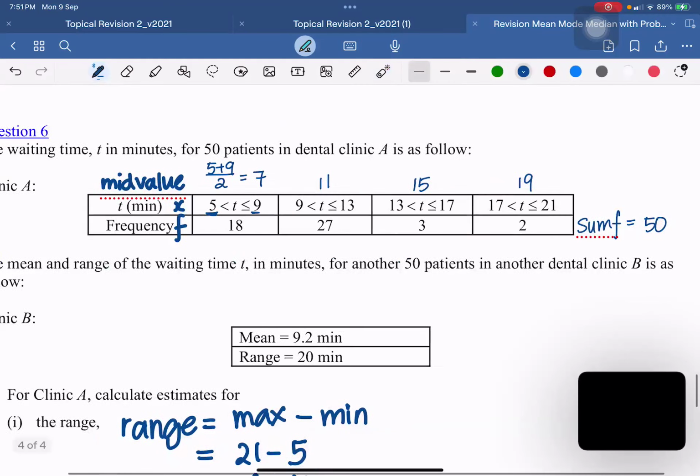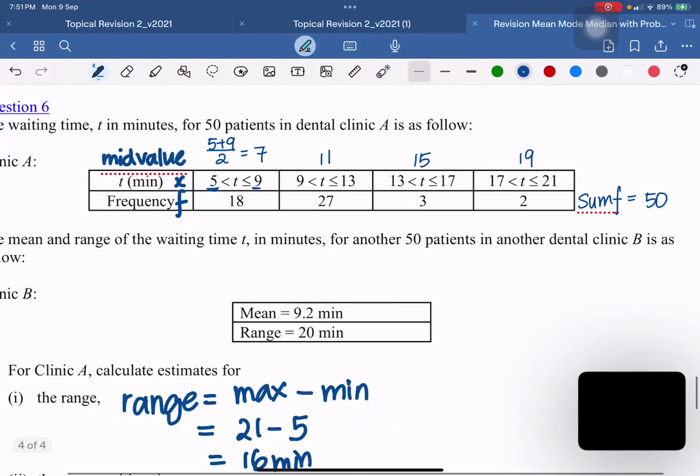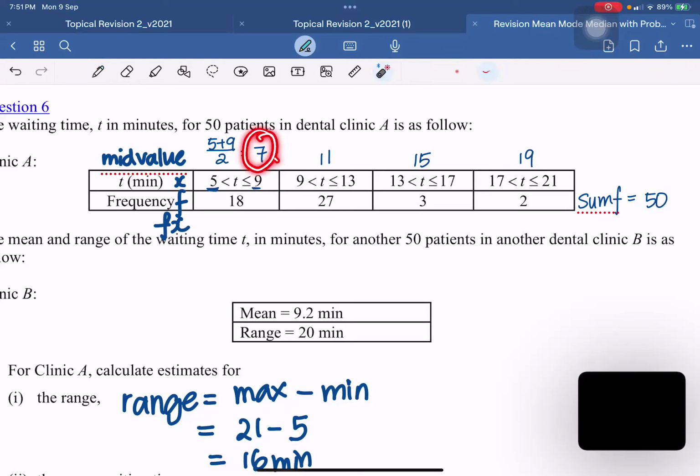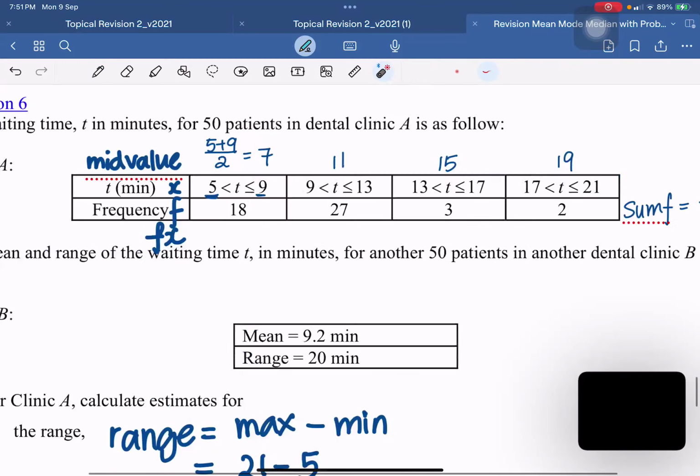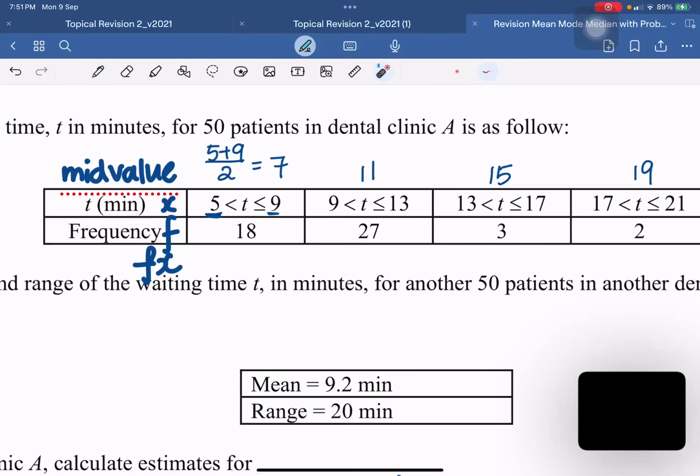Then next, what else do we need to find? We need to calculate fx. I take the mid value, multiply by the number 18, so the x value times the frequency. 7 times 18 is 126. Can you all tell me the other values?